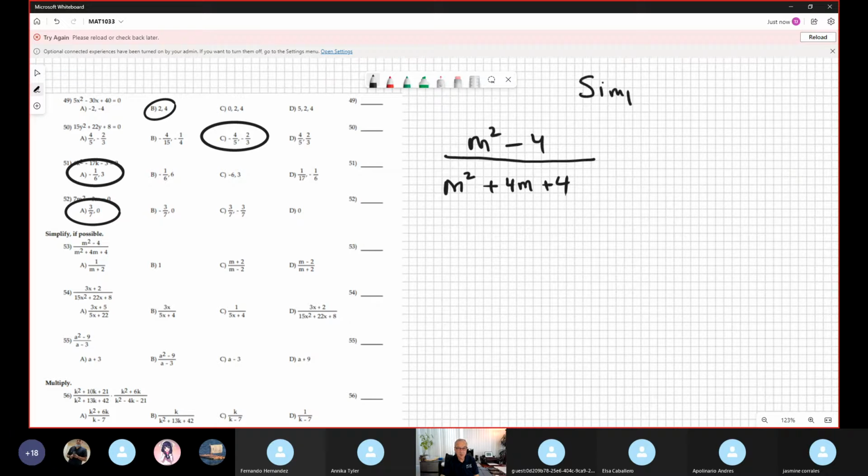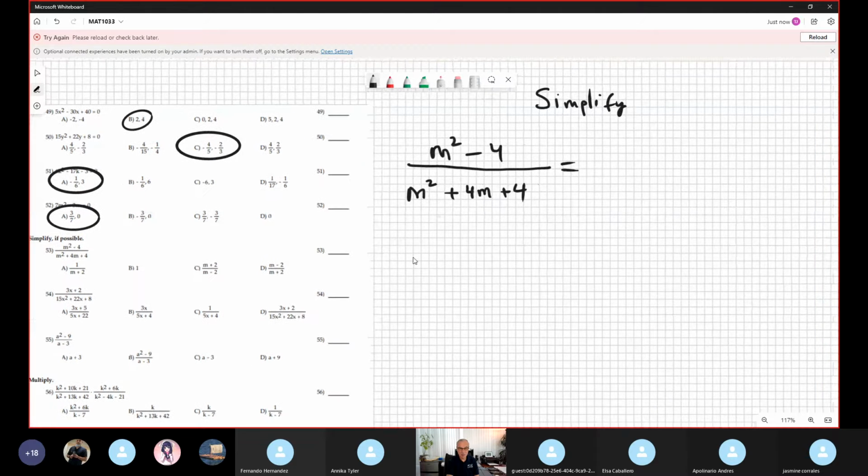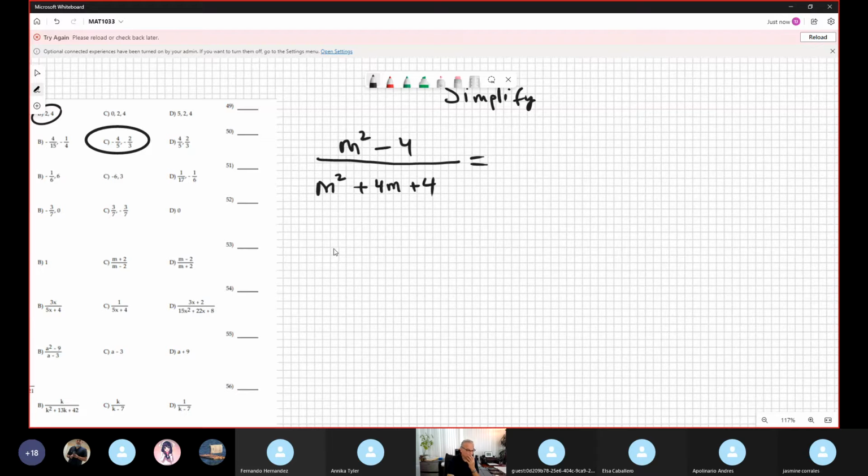What does simplify mean? Simplify means you factor separately the expression in the top and the expression in the bottom, and you cancel out some common factors if they exist. If they do not exist, no. However, you can do that.